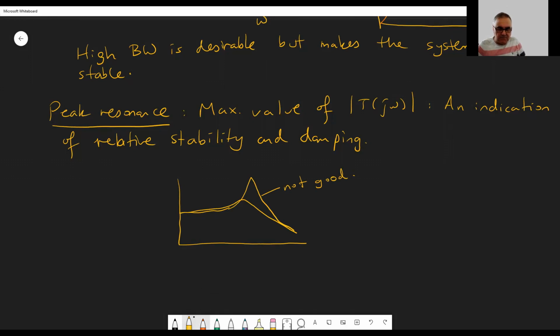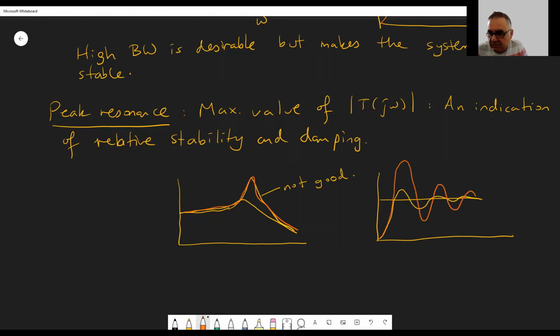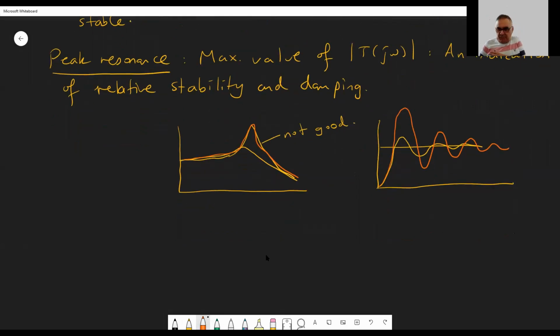Well, let me just try to draw it with some other color. If you look at the time response of such systems, for example, the first one, the yellow one, will be like this, reasonable, but the second one is going to be a lot of oscillations. Okay, so we try to limit the maximum value of this thing, this MR value.